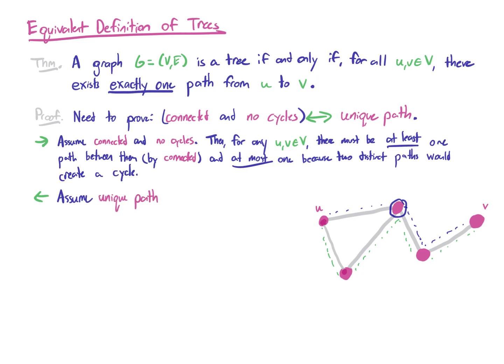So the unique path property is that between every pair of nodes, there is exactly one path. So we need to prove both connected and no cycles. So first of all, to prove connected, we know that G is connected because what connected means is just that there's a path between every pair of nodes.